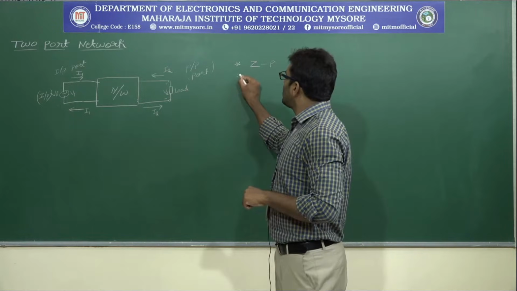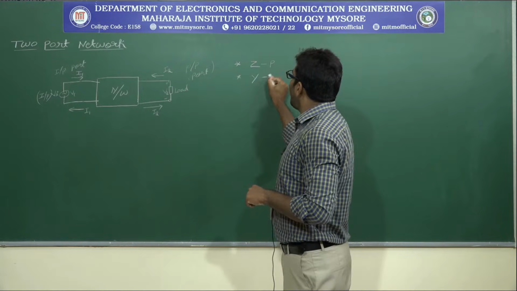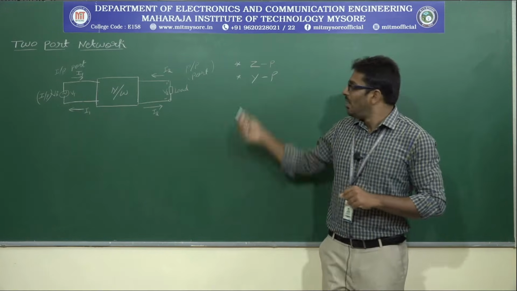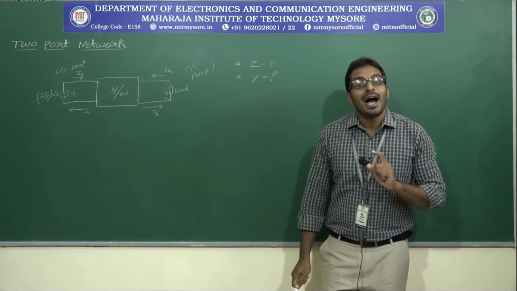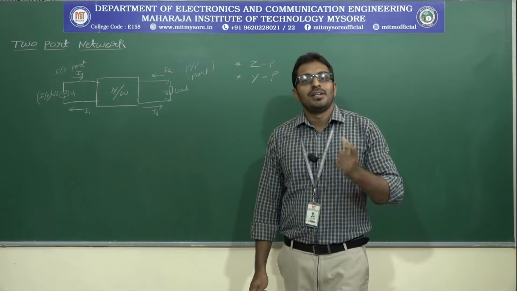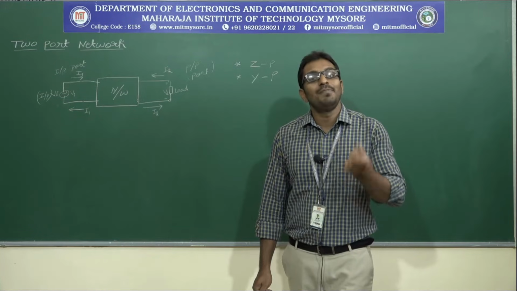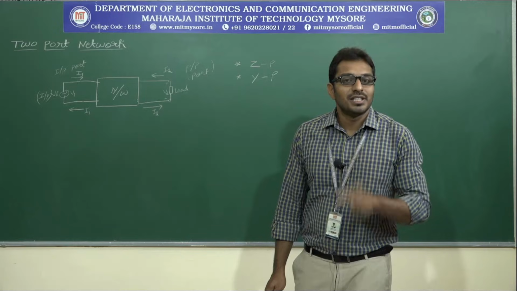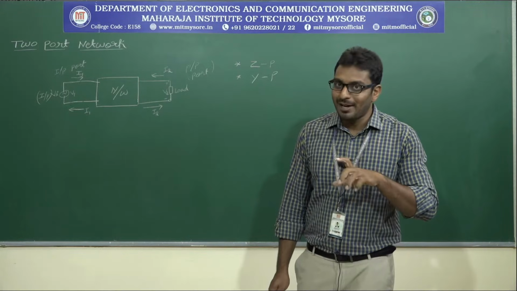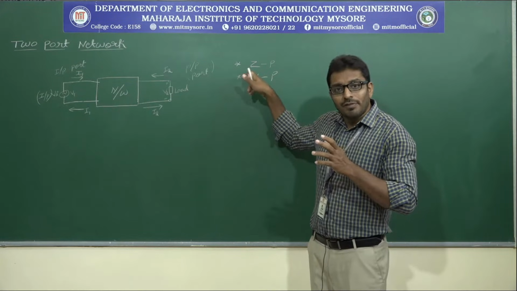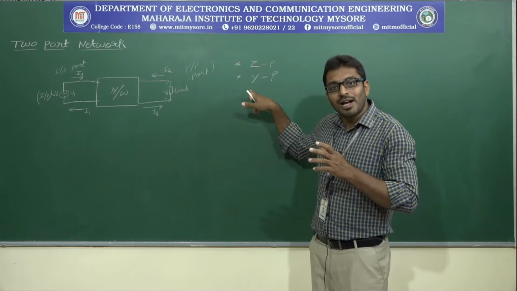The second one is the Y parameter. Y indicates admittance parameters, also known as short circuit admittance parameters. Let me briefly explain why open circuit for impedance and short circuit for admittance.